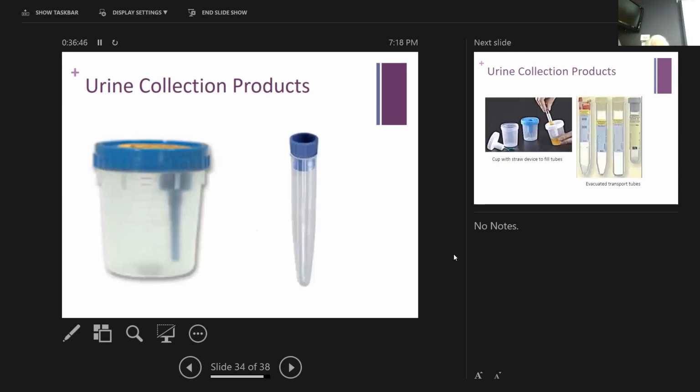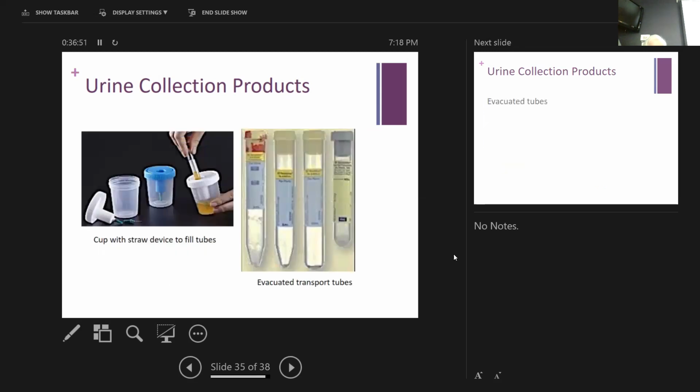Here's a picture. And these products, we have straw devices that we can put down into the cup and suck into an evacuated tube, just like a blood collection tube, for various transport and testing samples.